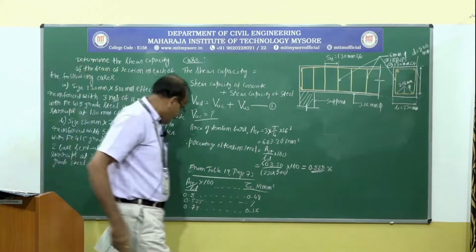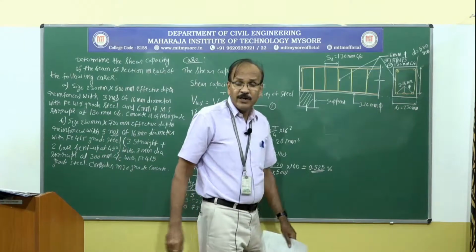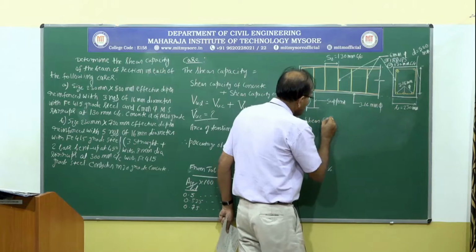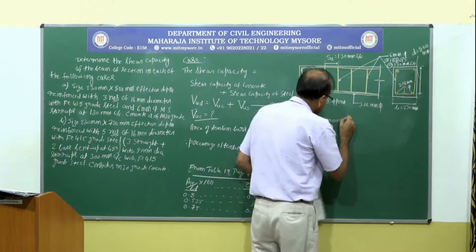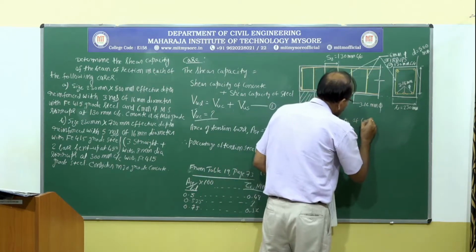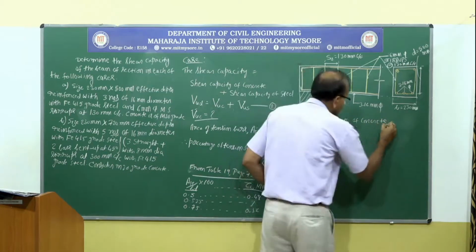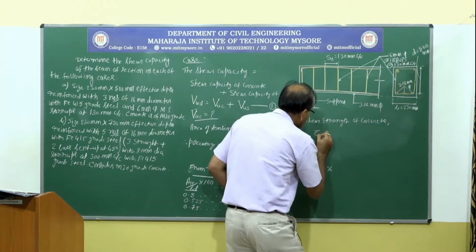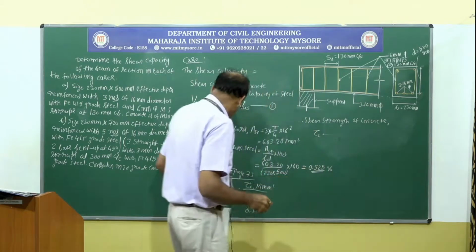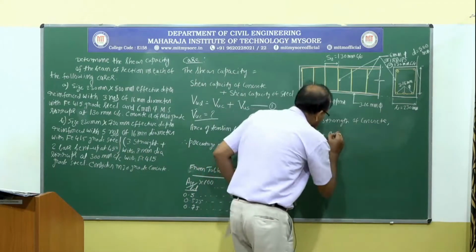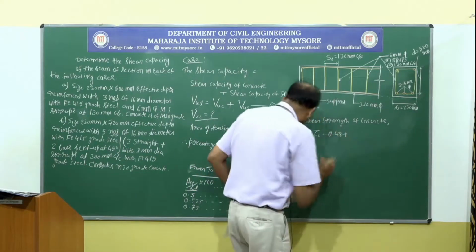So for that, as I said, I am going to do linear interpolation. Therefore, shear strength of concrete tau C equal to, so corresponding to 0.5%, it is 0.48 Newton per millimeter square.